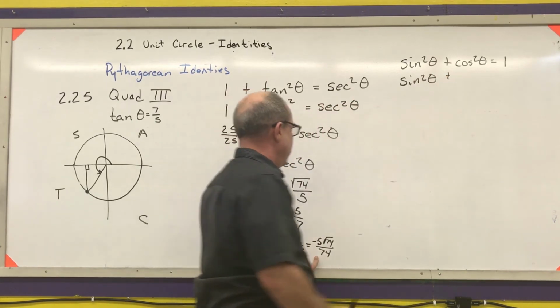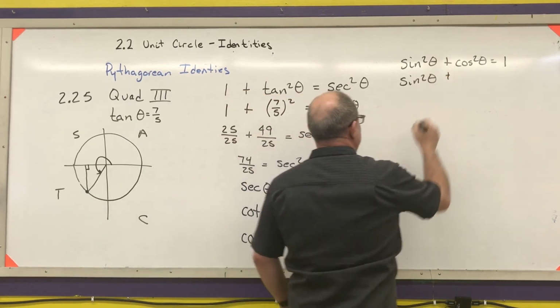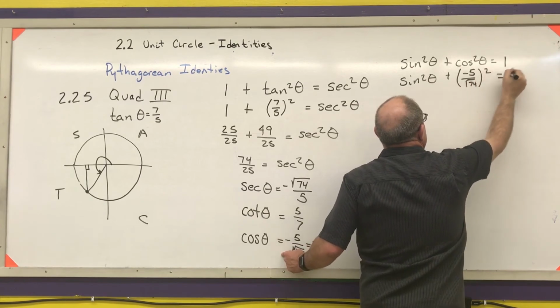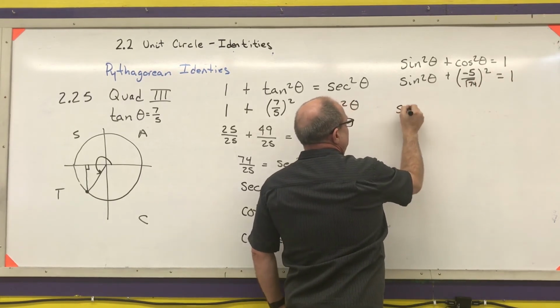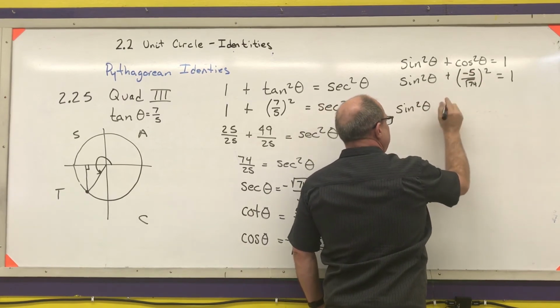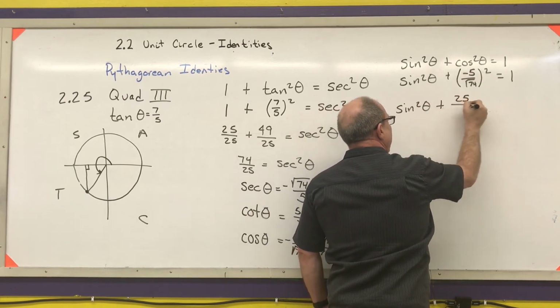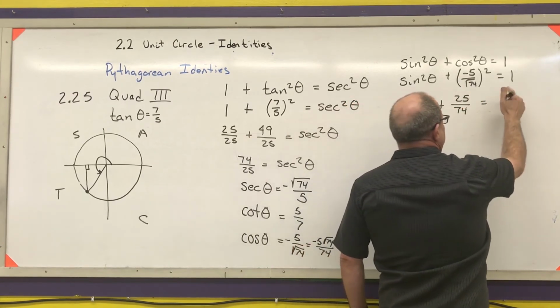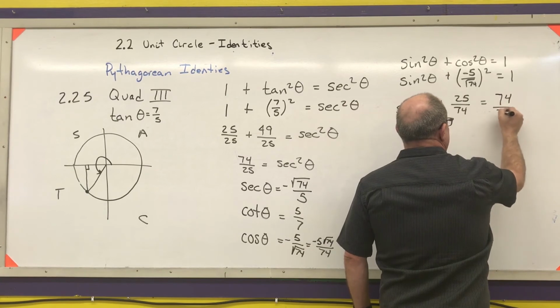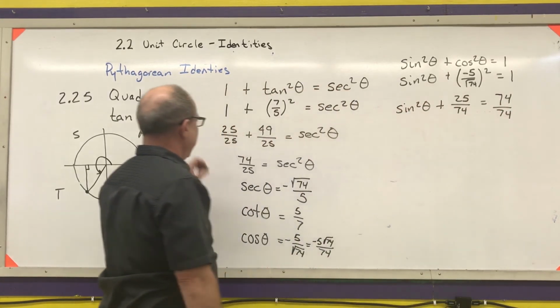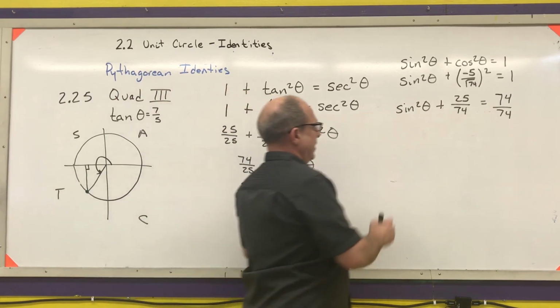Cosine of theta, I'm going to write it as the first way, which is -5 over the square root of 74, squared. So sine squared theta plus 25 over 74 is equal to 1. So that's 74 over 74. If I subtract 25 from 74, I'm going to get 49.